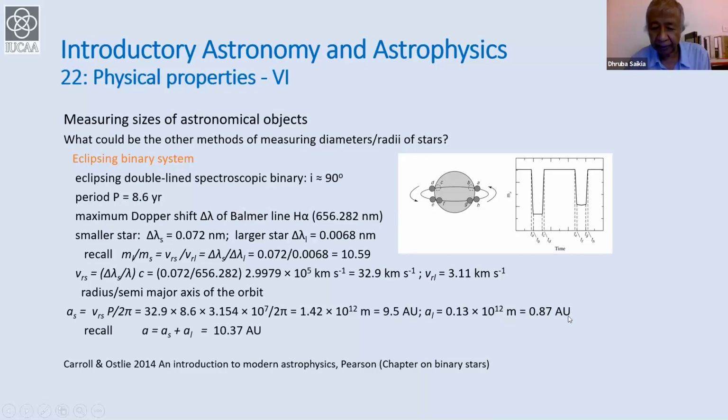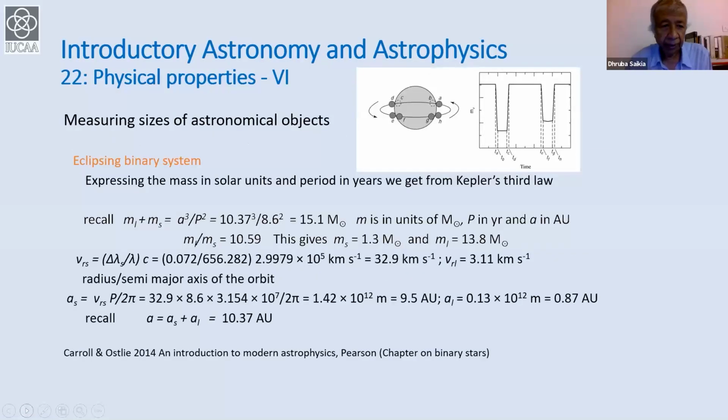By repeating that exercise for the larger star, you will get a value for the larger star as well. And you will recall that a, which comes into Kepler's equations, is the sum of a_S plus a_L for a binary system, right? Now, what do we have? We have estimated a because we have estimated a_S and a_L.